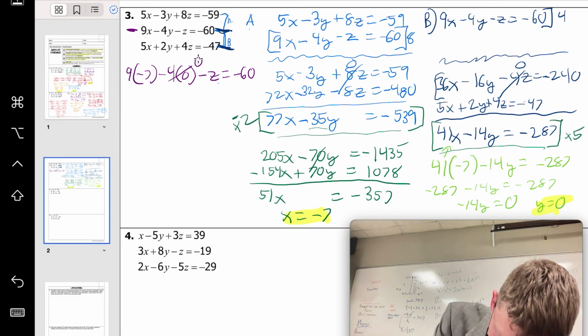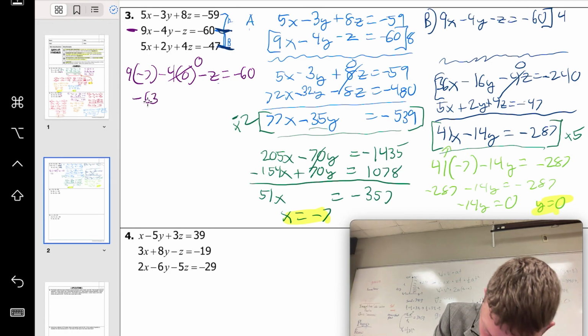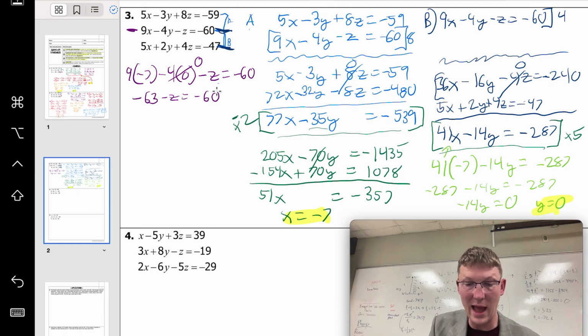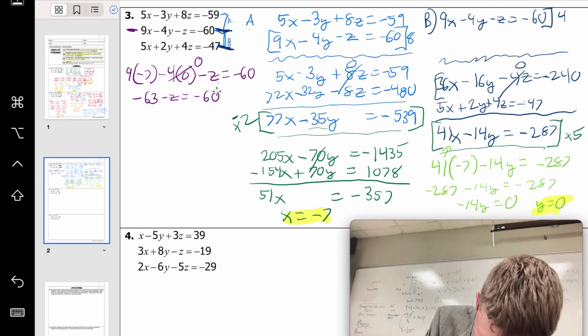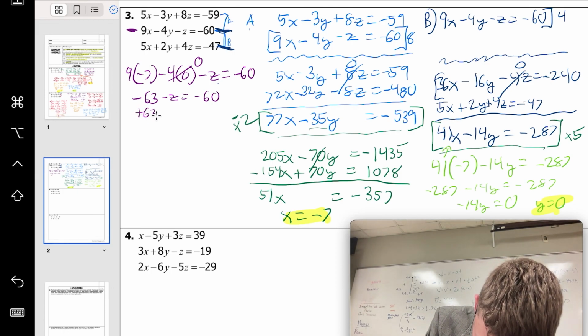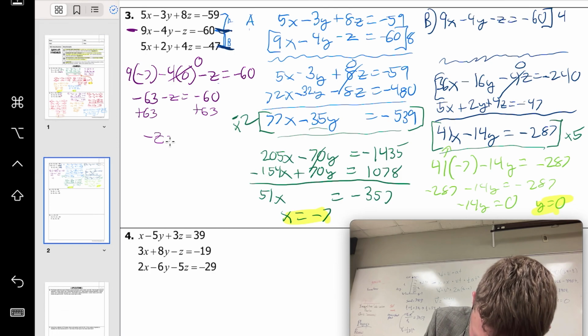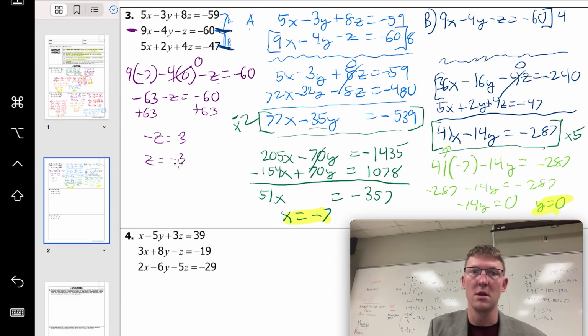Yeah, see, I knew that. Negative 63 minus z equals negative 60. So we're going to add 63 to both sides. So we're going to have negative z equals 3. Z equals negative 3. There we go.